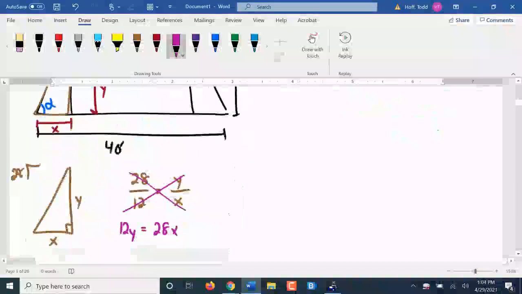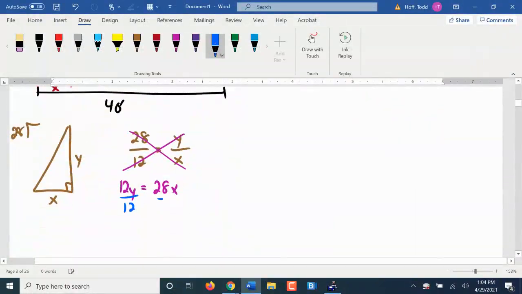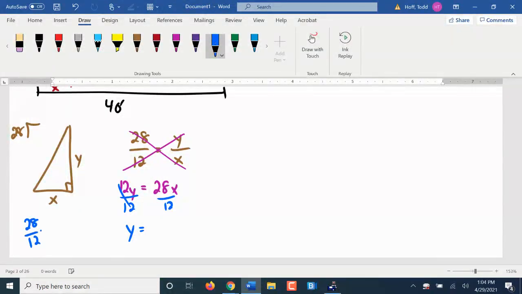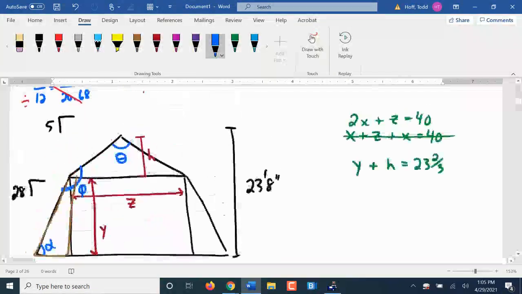Let's solve for y. I'm going to divide by 12 here. y equals 28 divided by 12. 28/12, if I reduce that, that's 2 4/12, or 2 1/3. So this is 2 1/3 x. I'll put that up here in my list of equations. y equals 2 1/3 x.